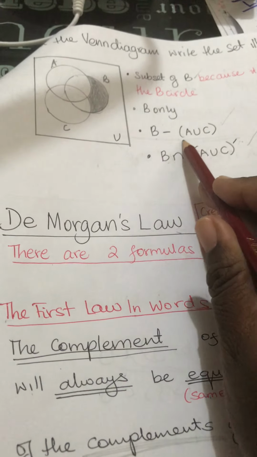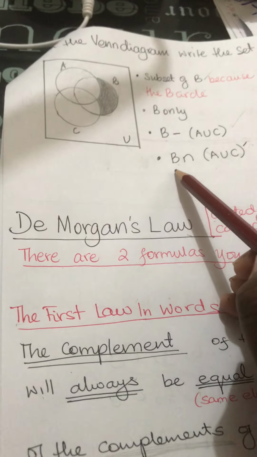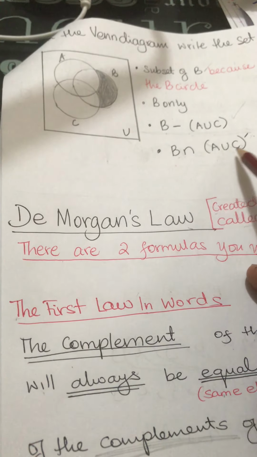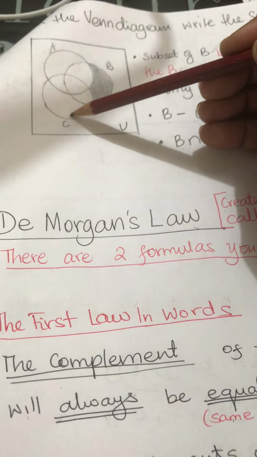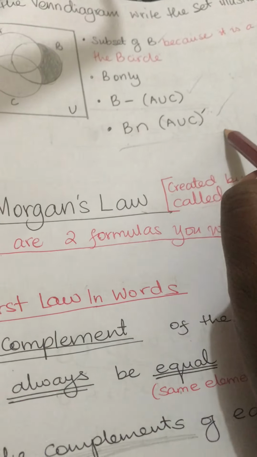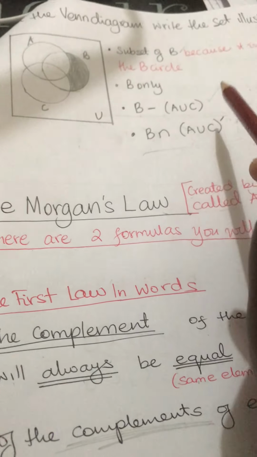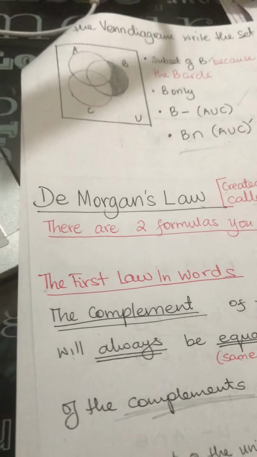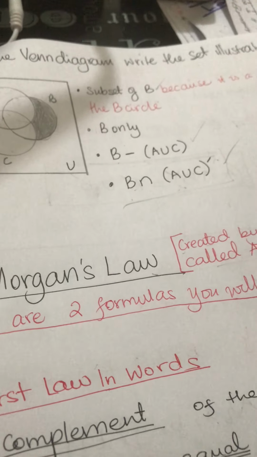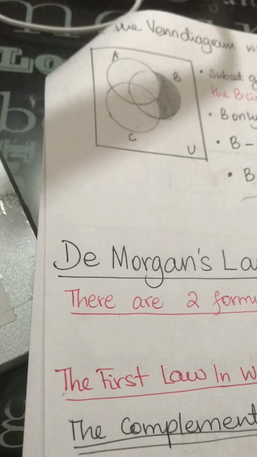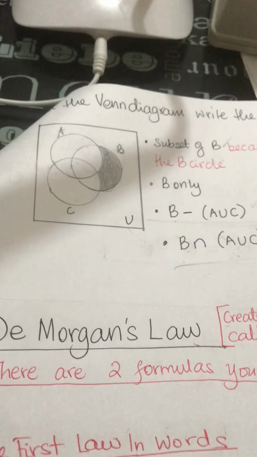That's what that means. Or B intersection the complement of A union C. Whatever is in A and in C, I removed all of it. So there. That is how you write this. Okay? But there are so many ways you can write it. So you should know at least 4 different ways. Okay?